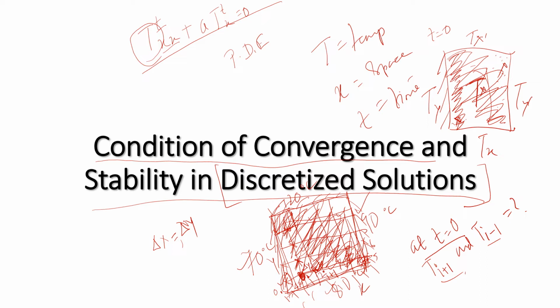So you will not get a single value of T for the temperature of the inside part. Instead, you will get many T's. It will depend upon how much you have discretized the plate, how many parts you have divided the plate into.